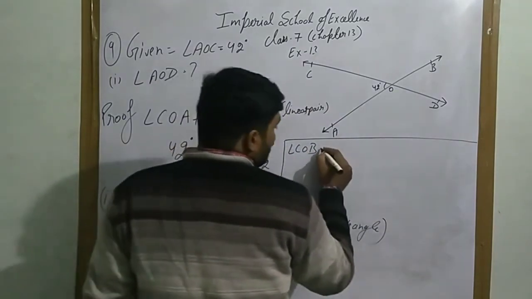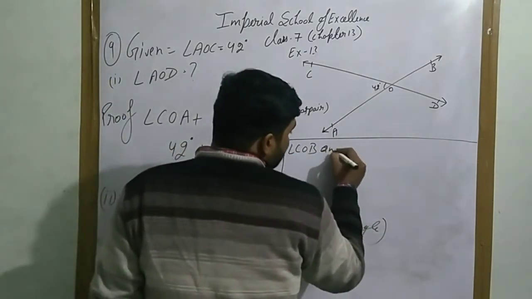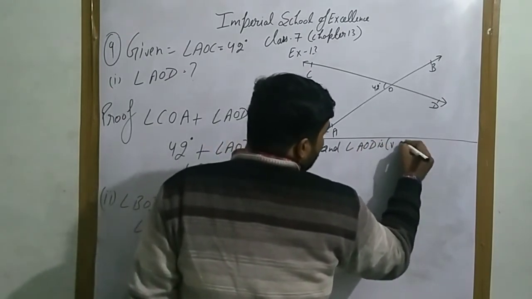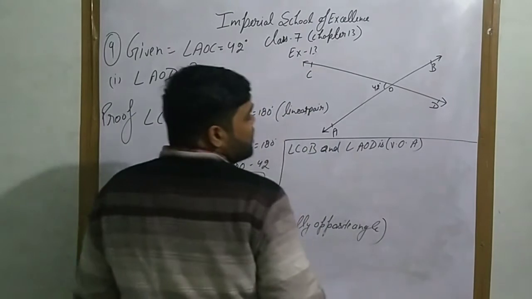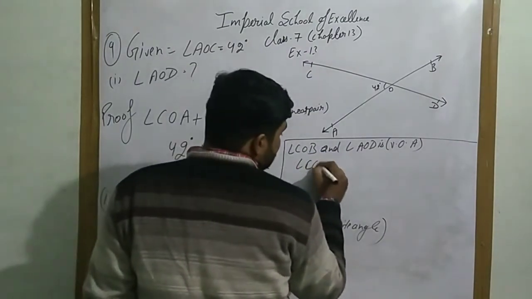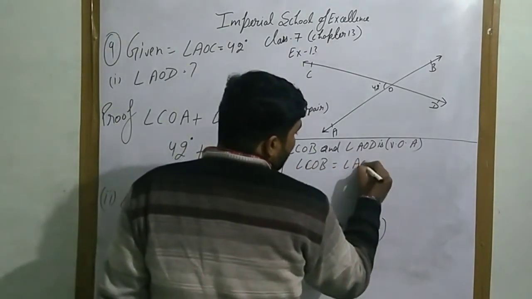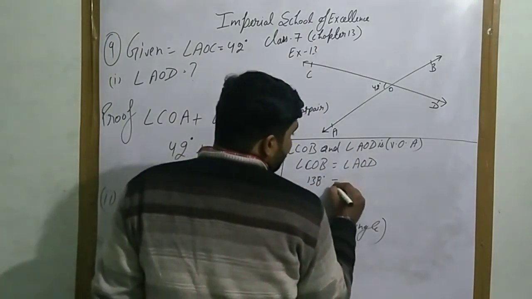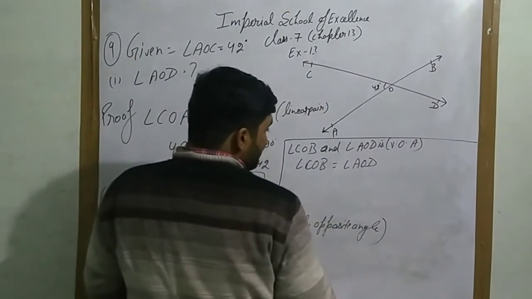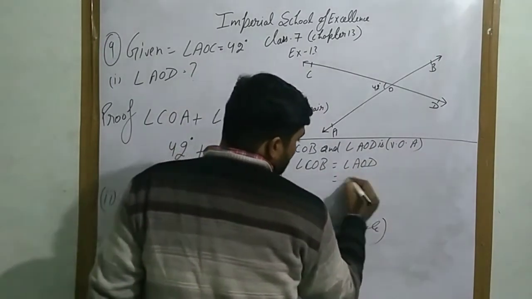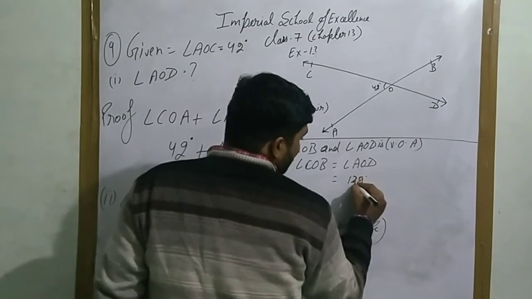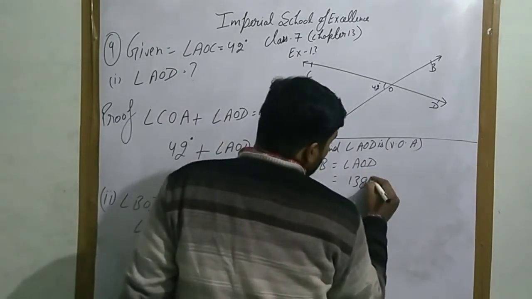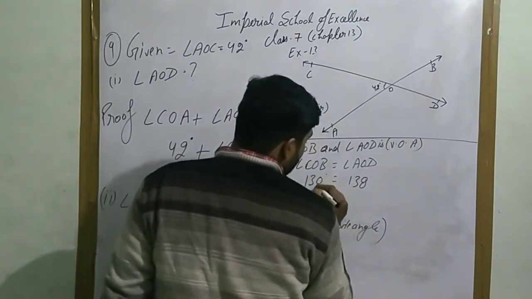So angle COB equals angle AOD. AOD is given to you as 138 degrees. If both of them are equal, angle COB will also be 138 degrees.